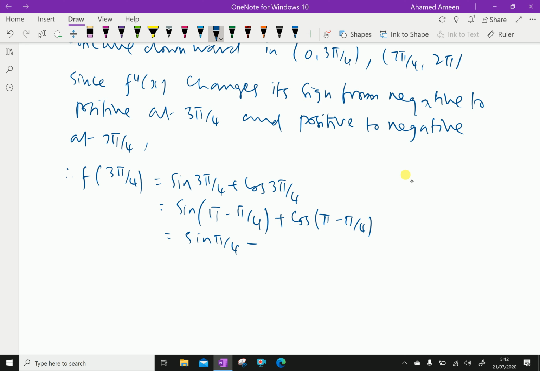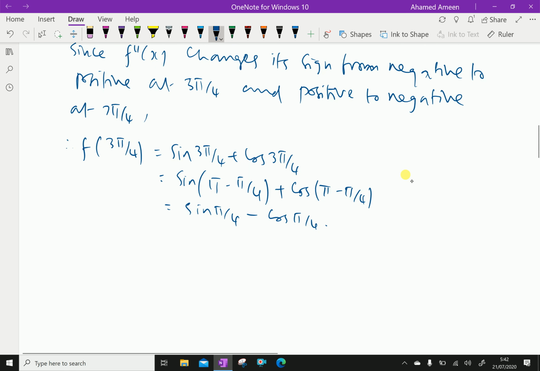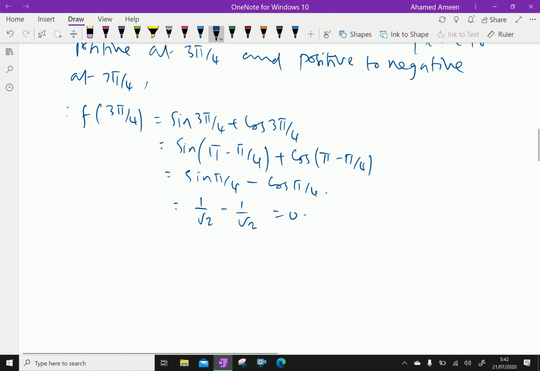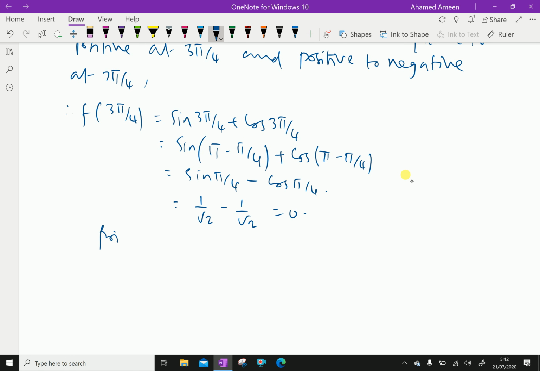Here cos is negative, cos pi by 4. Sine pi by 4 is 1 by root 2 minus 1 by root 2 equals 0. Then the point of inflection is 3 pi by 4 and f of 3 pi by 4 is 0.